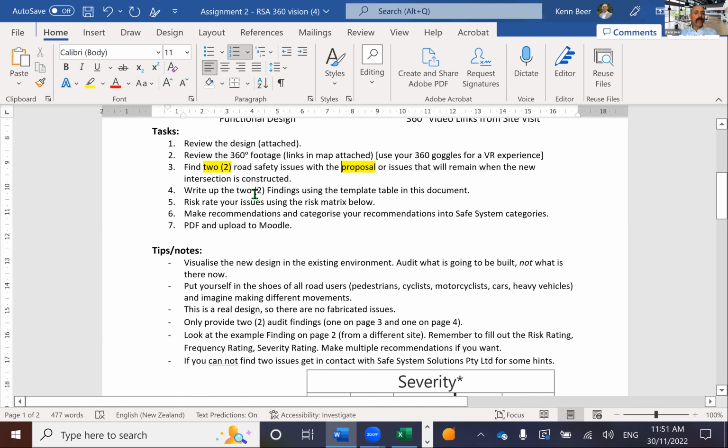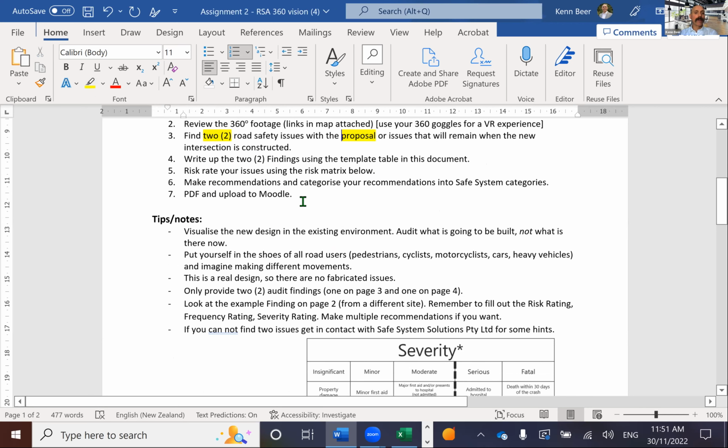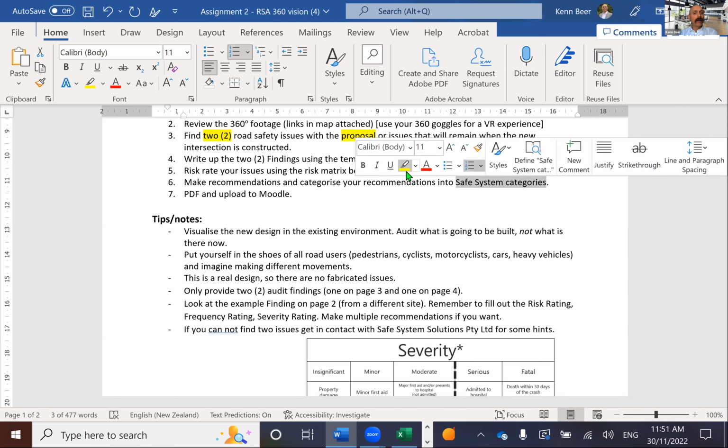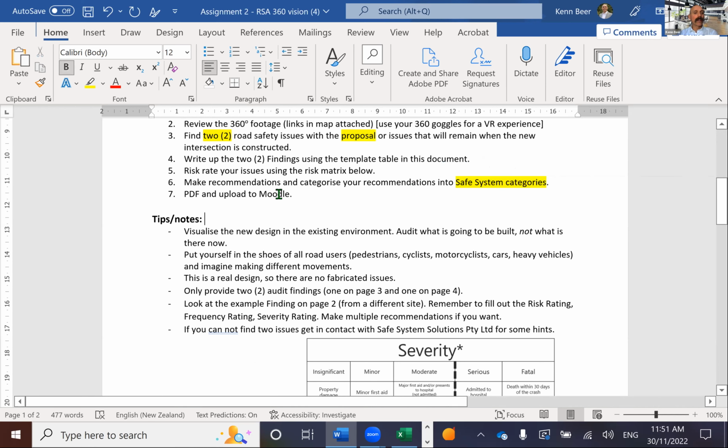Then write up the 2 findings using the tables we've got below, risk rate it, make recommendations, and then we're going to try to get you into this idea of categorizing recommendations, which I talked you through in module 1, and it might be a little bit hard to remember. This is good for some practice. And we want you to PDF it and upload it to the learning management system.